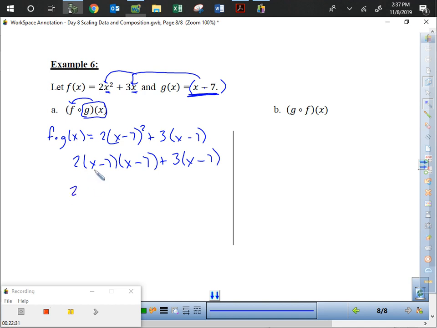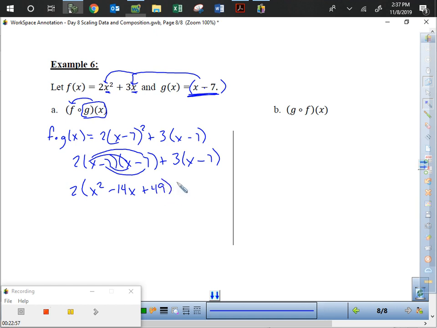Leave the 2 alone and go ahead and FOIL this thing. What I want you to do is combine like terms as you go. If you know the shortcut for squaring a binomial, use it. Okay, but we're taking x times x is x squared. When I say combine like terms, the middle 2 are going to be combined here. We've got minus 7 minus 7, so that's minus 14x, and finally a plus 49.